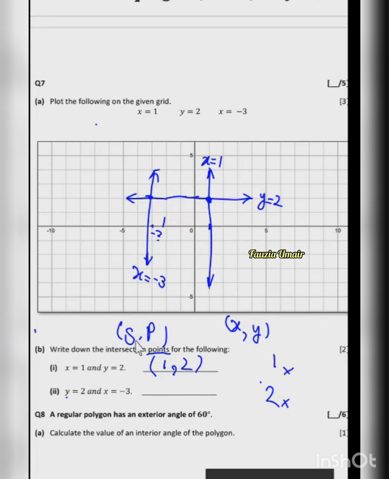The x coordinate always comes first. So -3 because it is on the negative side, and the y value is 2. This point has x value -3 and y value 2. So the answer is (-3, 2). So I hope this is clear.